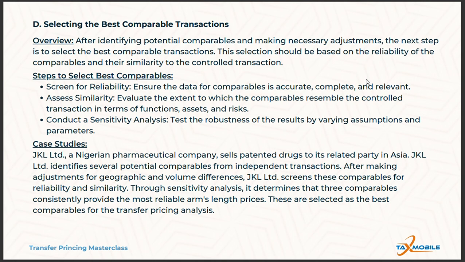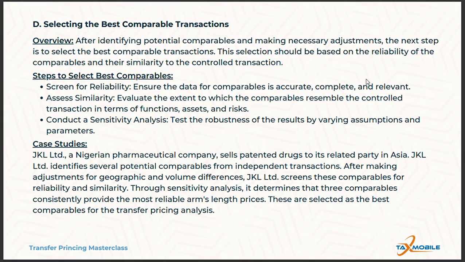Adjustments are made to reflect the differing economic conditions in the US and Asia, because the Nigerian tech company licenses its software to related parties in the US and Asia. So you must also make the geographic adjustment. Now, the final outcome is that the Nigerian tech company applies the interquartile range to determine that its pricing for the licensing agreement is within the arm's length range.